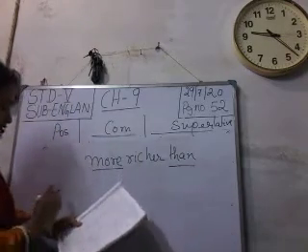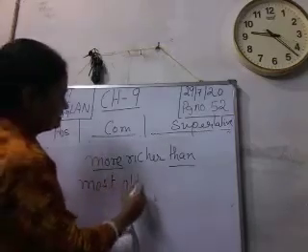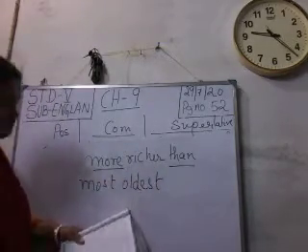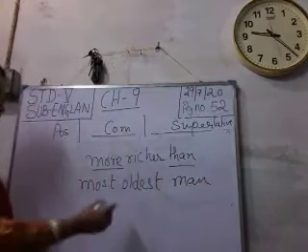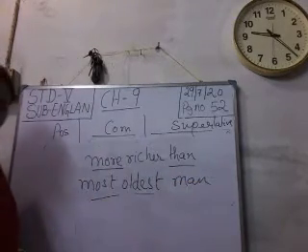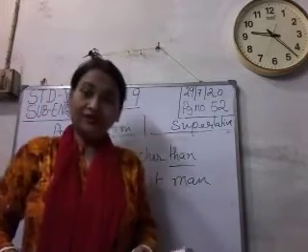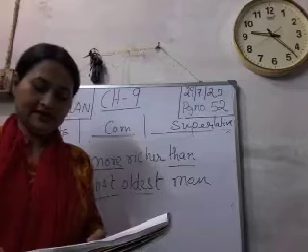So he is the most oldest man. See, here we are using a double superlative. Two sentences are given in the book. What will be the correct answer? Shahnaz is richer than Salma.